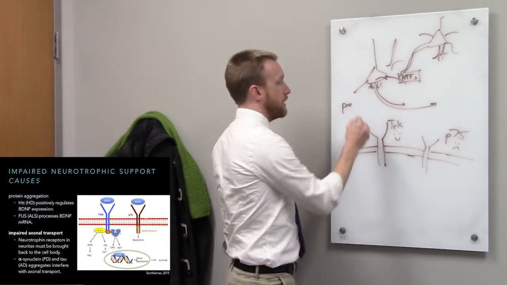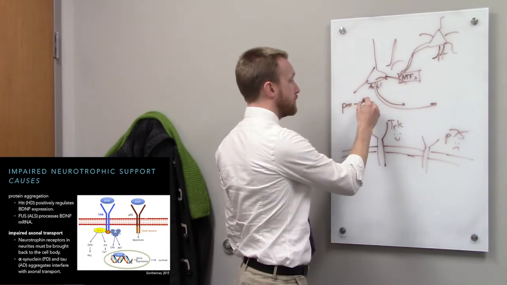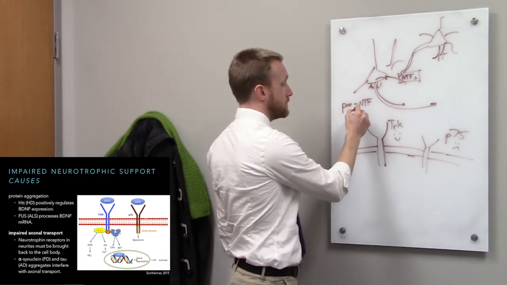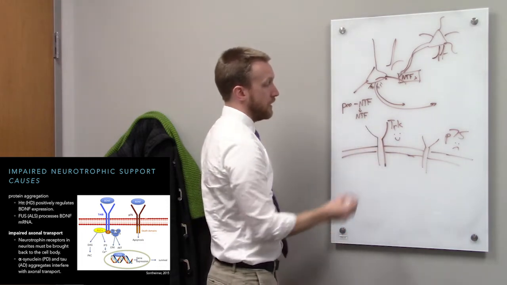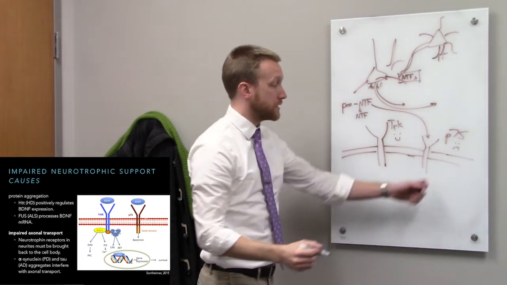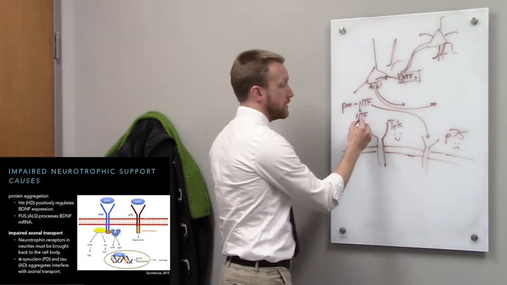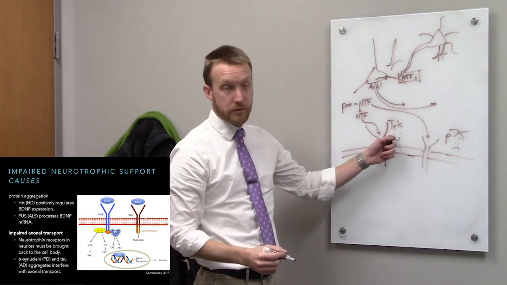It really just depends on the concentration, or whether they've been processed properly. So we always create our neurotrophic factors as a pro-neurotrophin, and then that gets cut into a smaller active neurotrophic factor. The unprocessed ones bind much better to the toxic receptor. The fully processed ones bind much better to the trophic receptor.